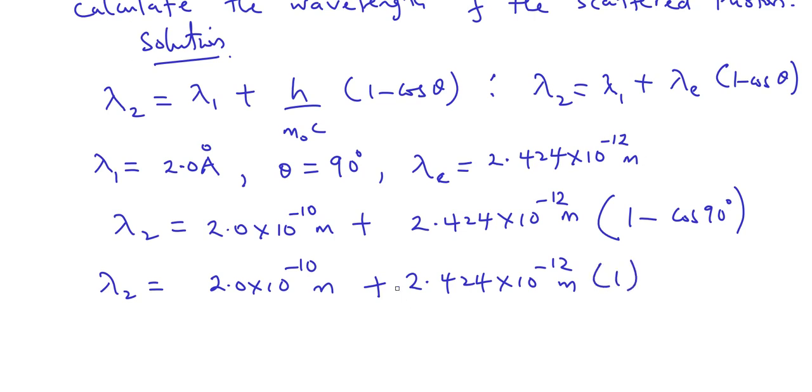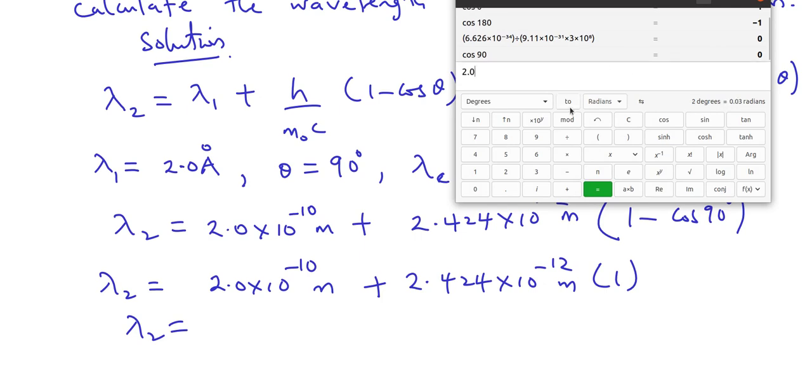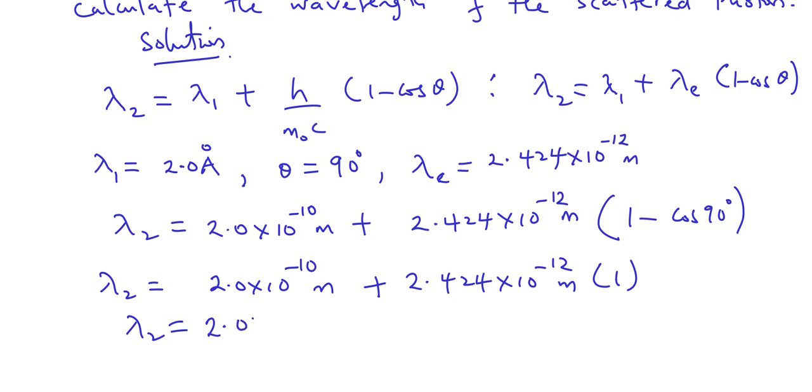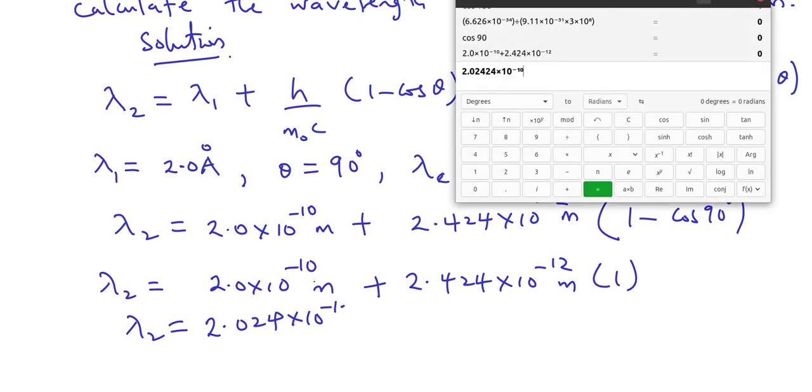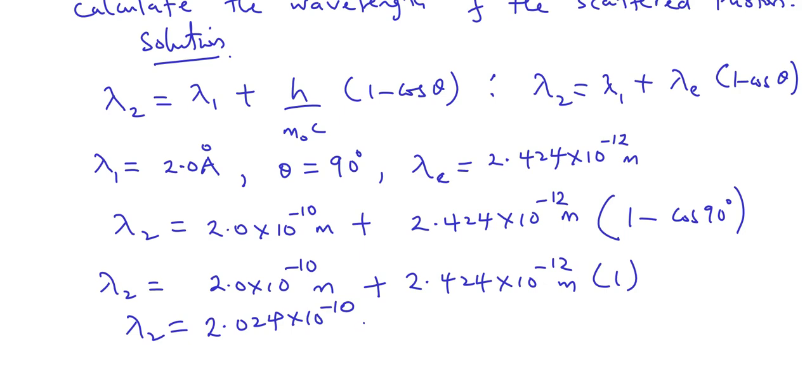Now lambda 2 equals the sum of these two: 2.0 times 10 to the power minus 10 plus 2.424 times 10 to the power minus 12, which gives 2.024 times 10 to the power minus 10 meters. Let me check again. Yes, 10 to the power minus 10 meters.